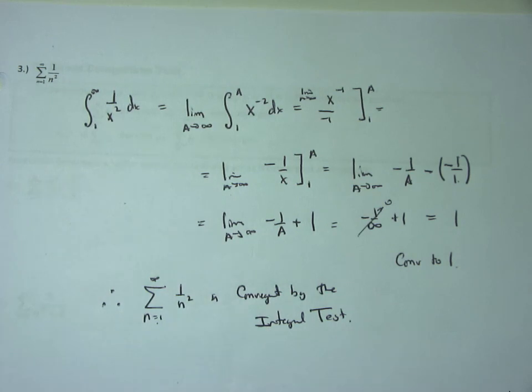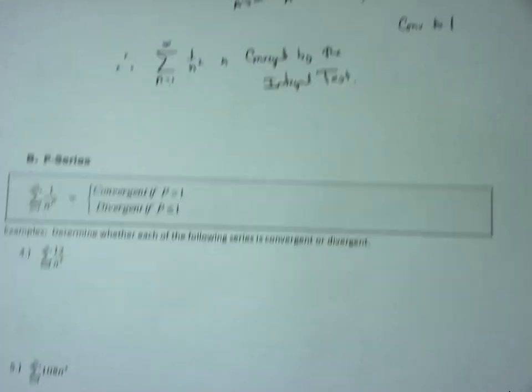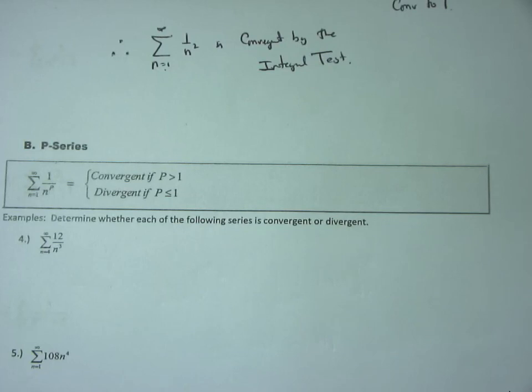The harmonic series diverges, and it's basically the power on that n. So we have something called a p-series. This is your next named series, so put it on the list of names that you have memorized. You know geometric series, you know telescoping series, you know harmonic series, and now you're going to know the p-series.